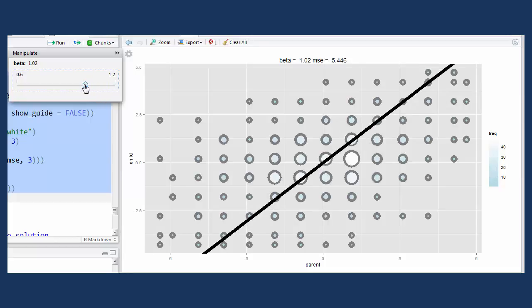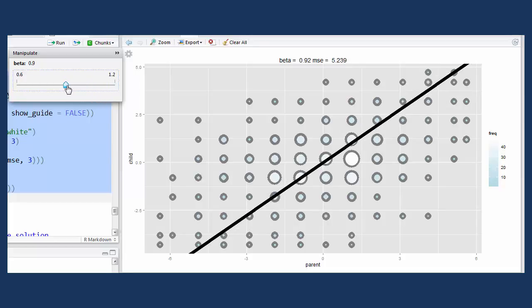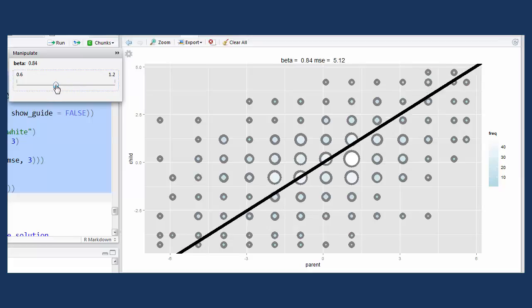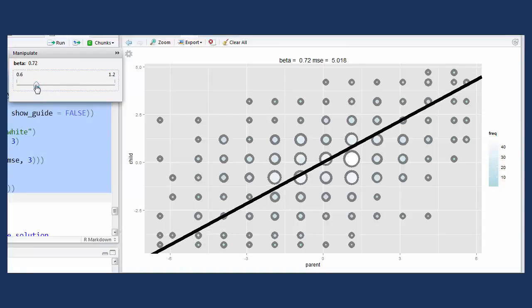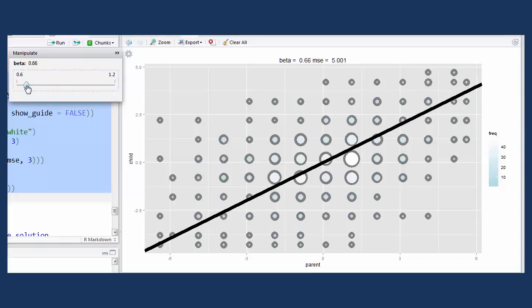And you can see the mean squared error getting lower as you get down to a slope, looks like 0.6 something is doing pretty well. 0.64 has 5, and then 0.62 has 5.002, so it's gone up. So it looks like about 0.64.